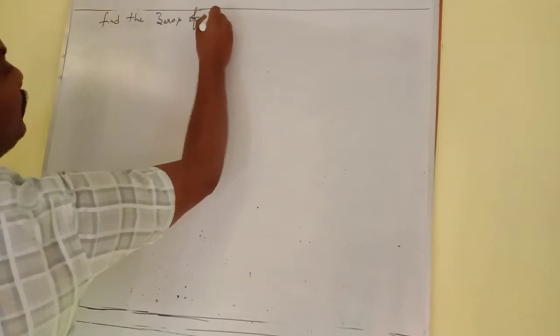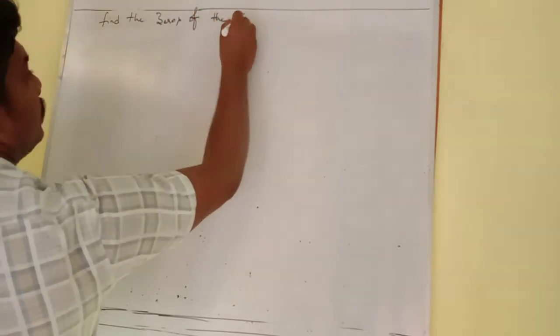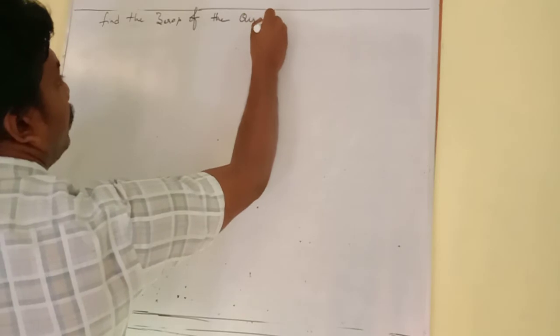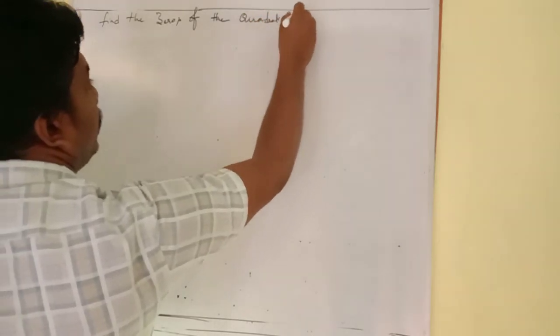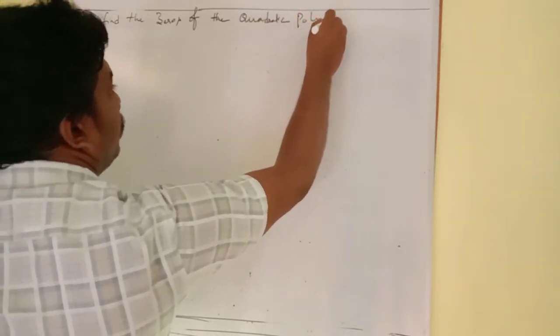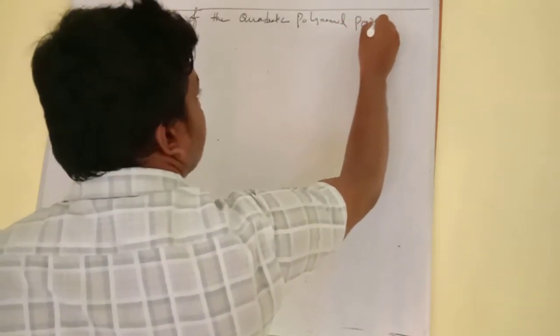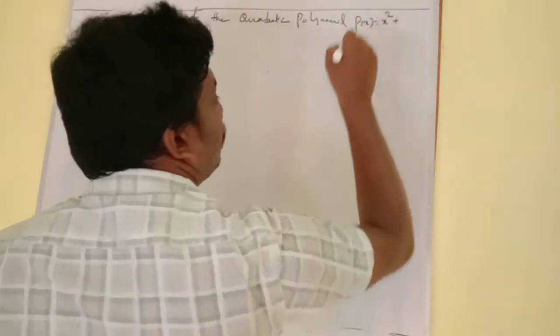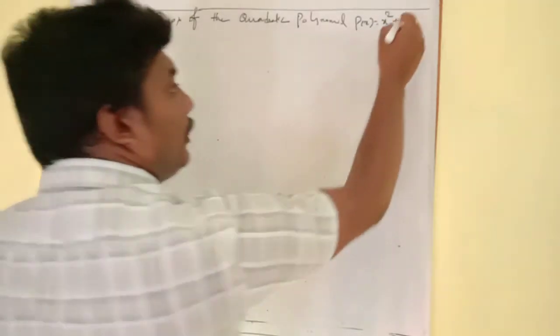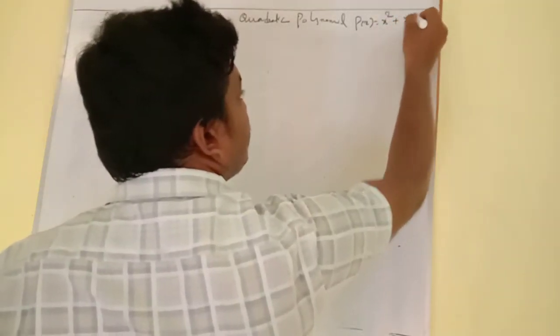Find the zeros of the quadratic polynomial p of x is equal to x square plus x plus 6.